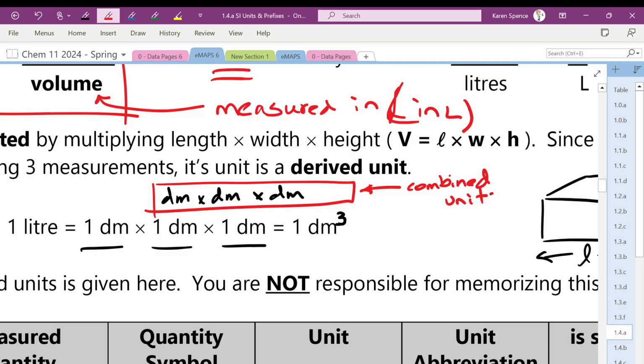So what have we gotten ourselves? We have gotten ourselves decimeters cubed, which is a derived unit. So when we say derived unit, what we really mean is a combined unit.